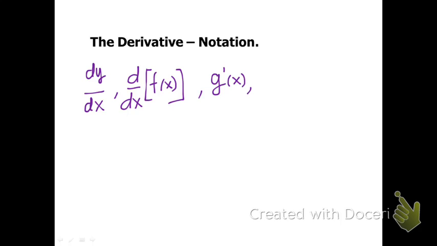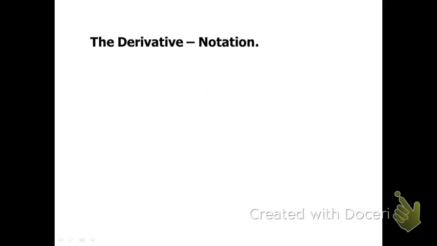And one last example, if you have a function f of x and you find something like this, then they are asking you to find the derivative of y with respect to x, or if your function is called f of x, you might find something like this. These are different ways that you can find in textbooks or on the internet maybe. They're asking you to find the derivative of y, f of x, or g of x. Okay, now let's continue.